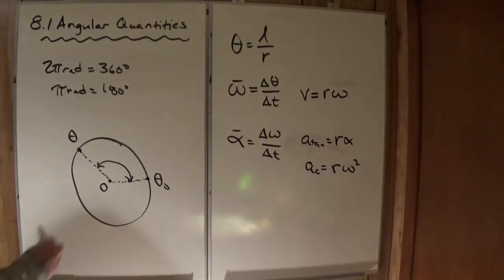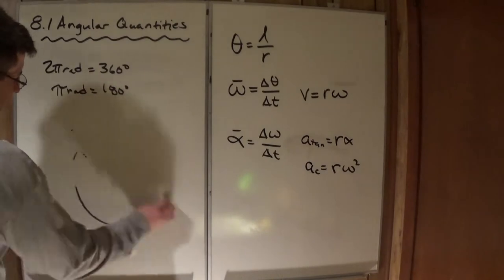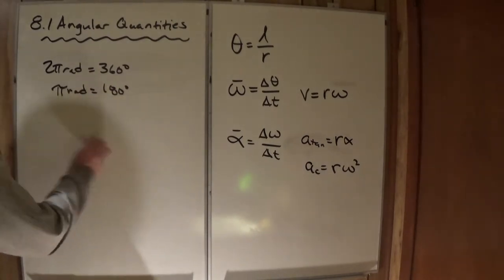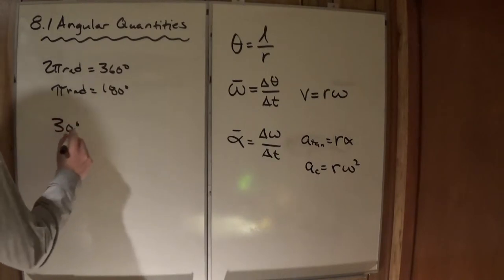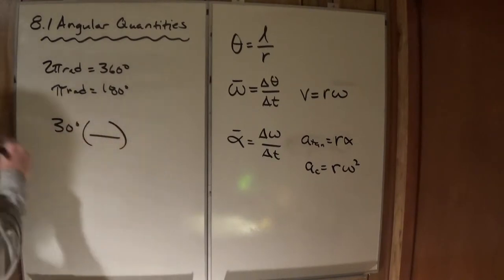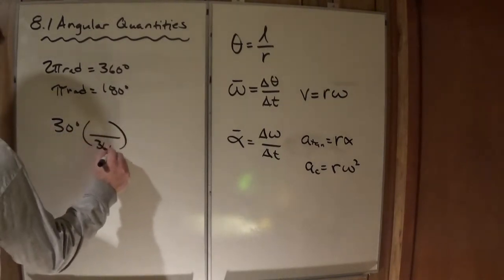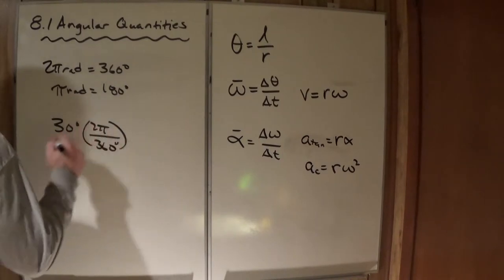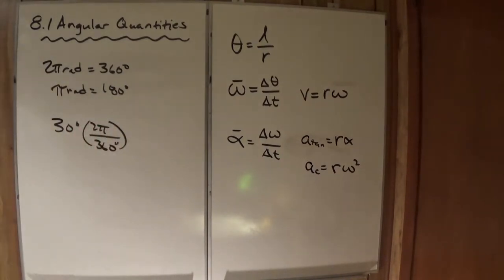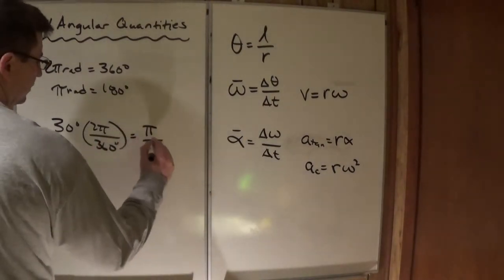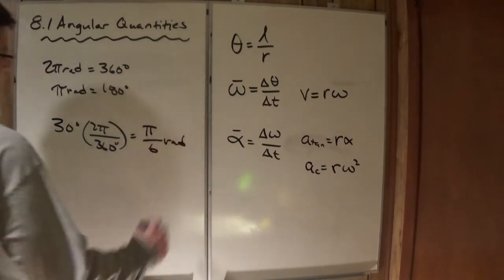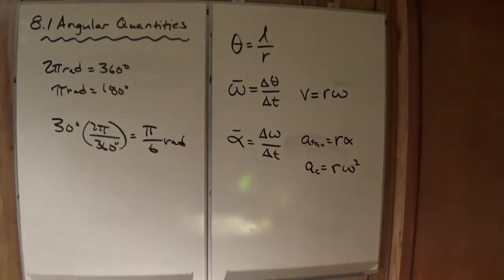So for example, 30 degrees is equal to 2 pi over 360, or pi over 6 radians. Okay. Simple conversion.